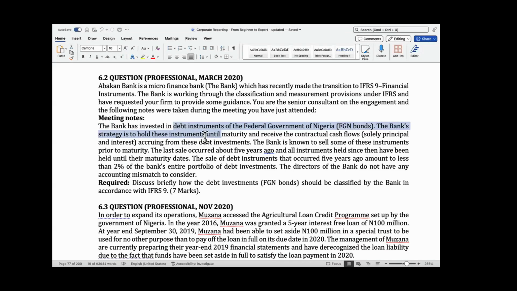So they said the strategy is to hold to maturity and receive interest and principal. That's their strategy.